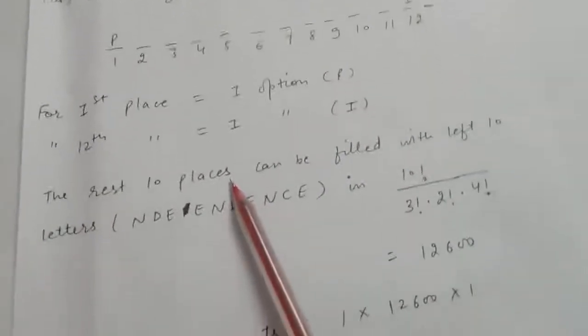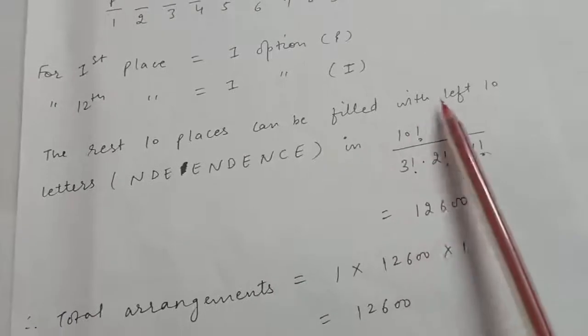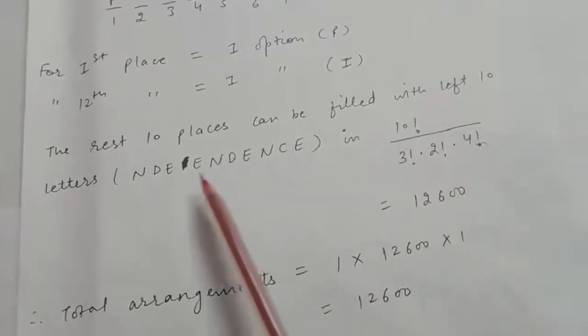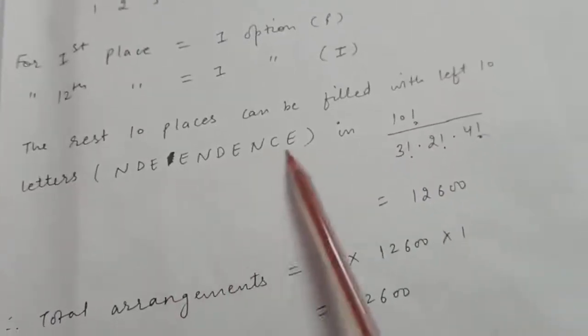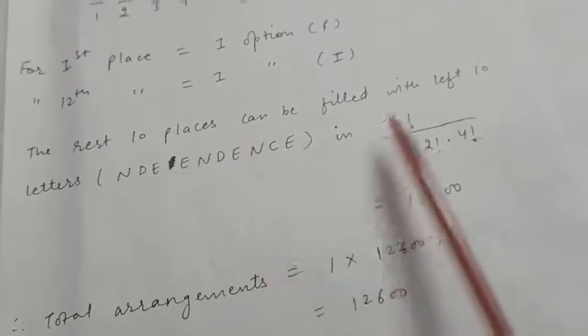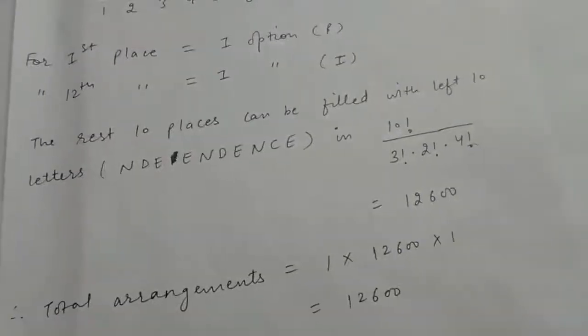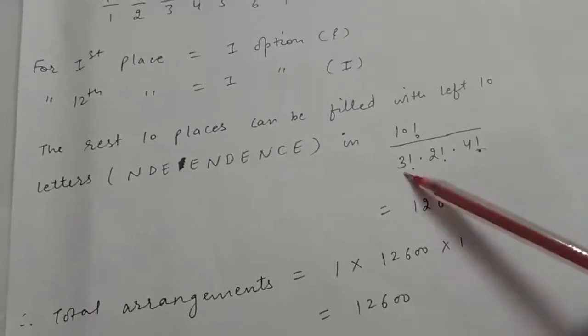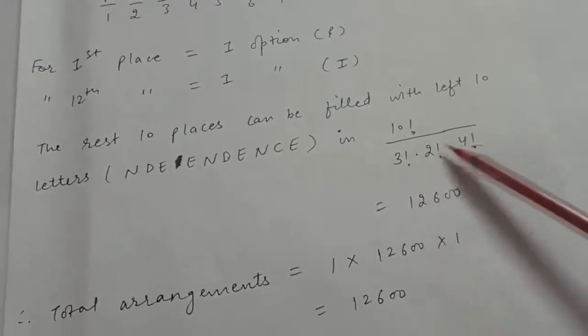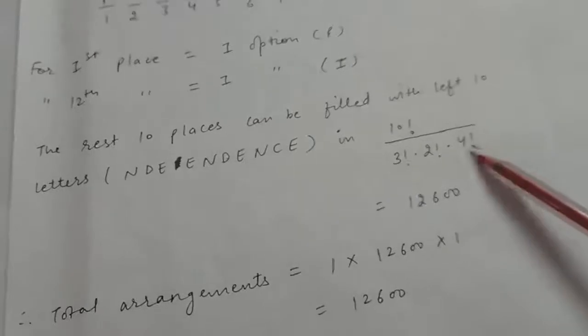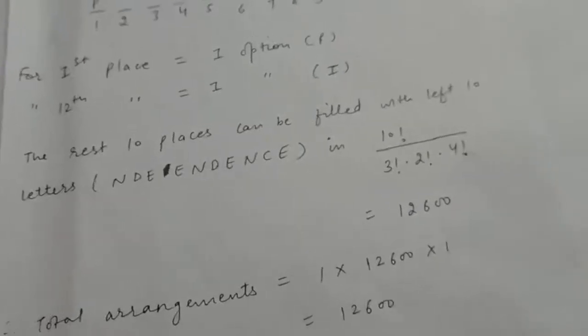So the rest 10 places can be filled with these left 10 letters, which can be arranged in 10 factorial, because N is repeating 3 times, divided by 3 factorial. This is for D and this is for E, because E is repeating 4 times, right?